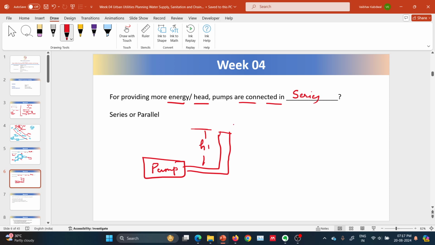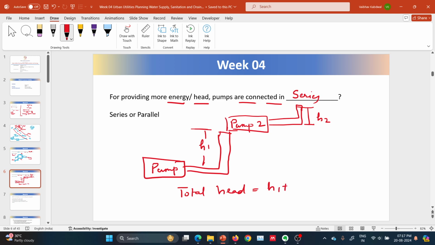If I keep it in series, if I provide here pump 2, it can further supply water at this height, H2. So total head which can be provided will be H1 plus H2. So if you need more energy, more head, then pumps should be connected in series.